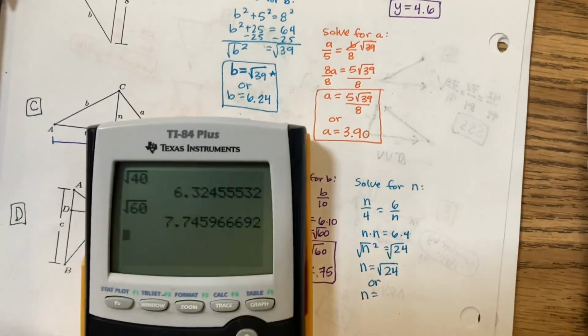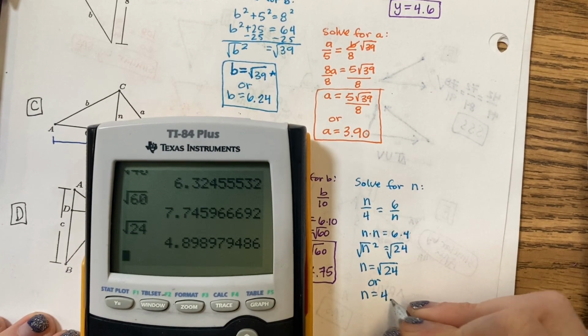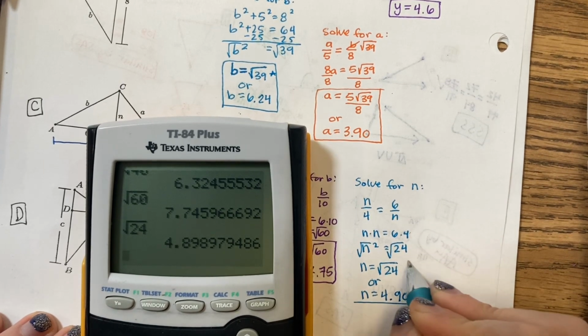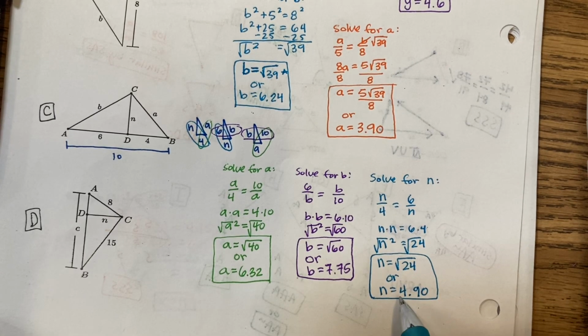The square root of 24 is 4.90 when it rounds. So you may use exact form or decimals. I would use exact form.